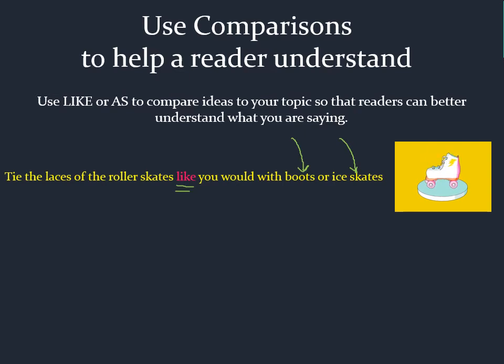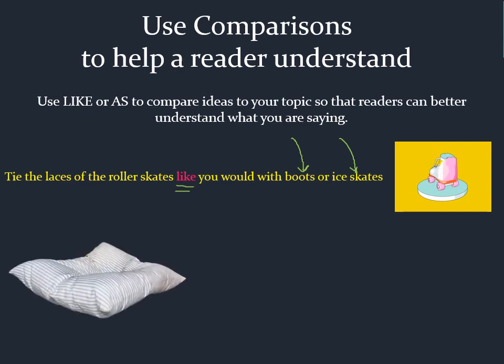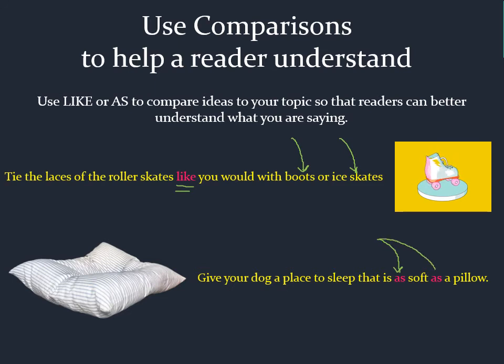Let's say you're talking about taking care of a dog and you're talking about where a dog should sleep and how you can make your dog comfortable. Well, you can say something like this. Give your dog a place to sleep that is as soft as a pillow. Okay?